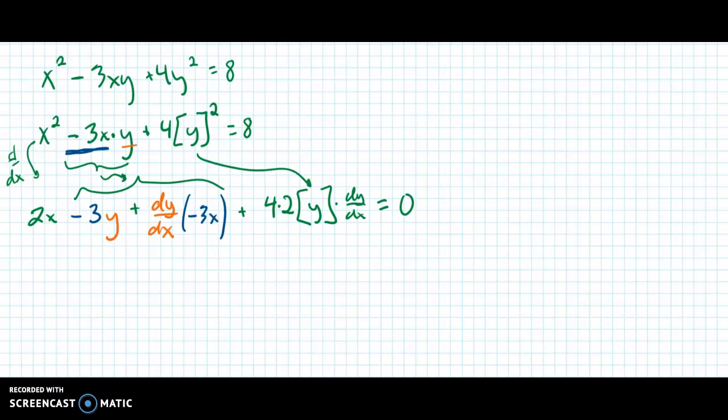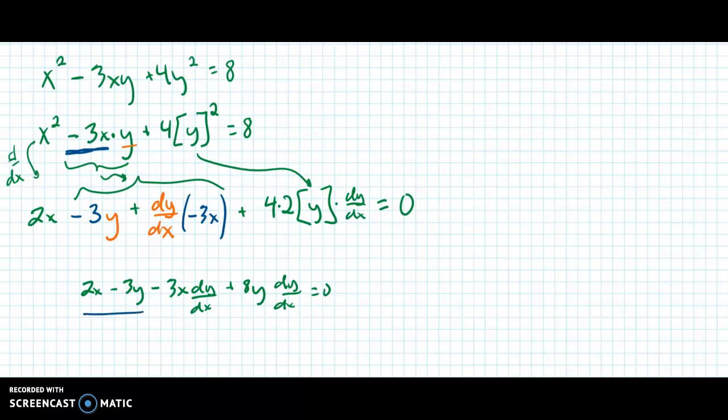So I'm going to rewrite this in a little bit easier to read way, and then we'll solve for dy/dx. So I've got 2x minus 3y plus, look at me, minus 3x dy/dx plus 8y dy/dx is equal to 0. Now, I've got to solve for dy/dx.